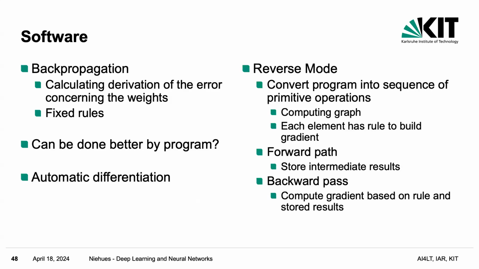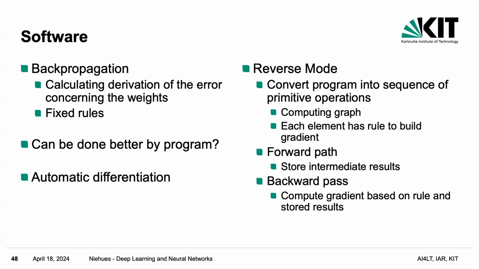How it is done is with what people refer to as reverse mode. You define your model as a computation graph, where each computation is a very simple operation like addition and multiplication. For each of these types of elements in the graph, you have a rule for how to build the derivation.